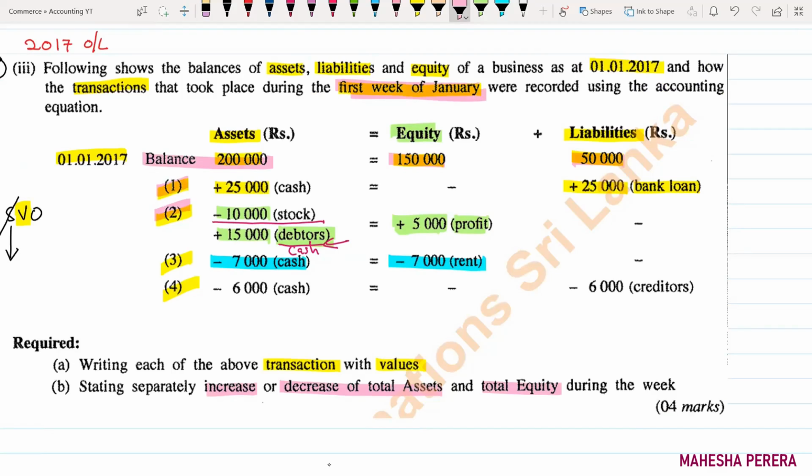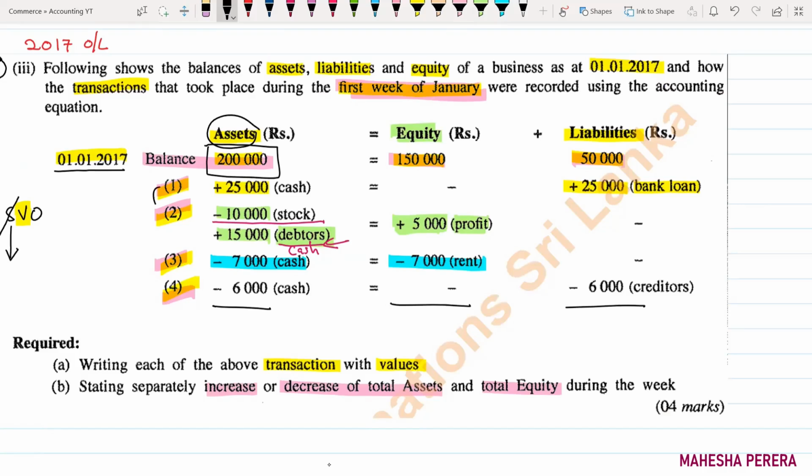4 transactions took place. So you should be able to understand that after these 4 transactions, definitely the assets value and the equity value and also liabilities value change, right? It's obvious. Now, if you take assets, right? The opening balance is 200,000 as at 1st of January 2017.